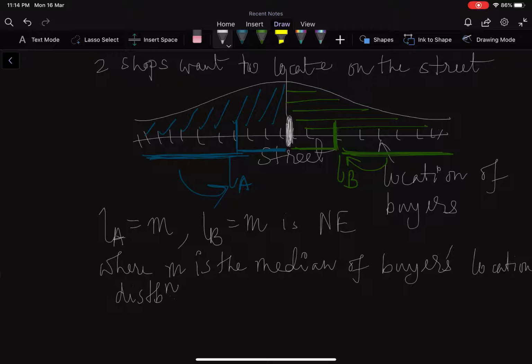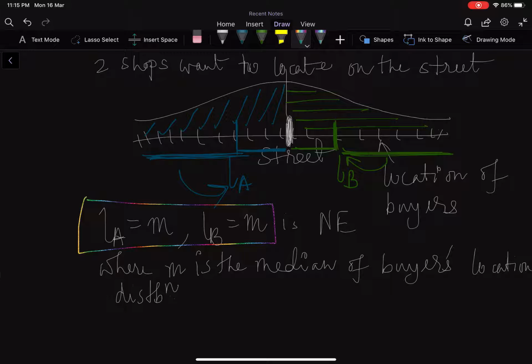It's the only Nash equilibrium of the game. So when shops compete for buyers, they tend to locate at the same point, in the middle of the neighborhood or the street.